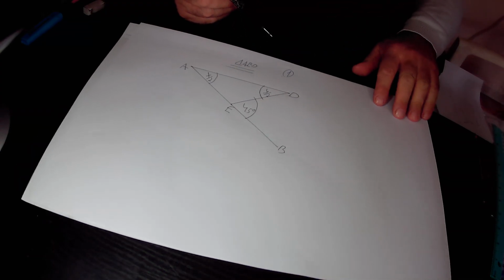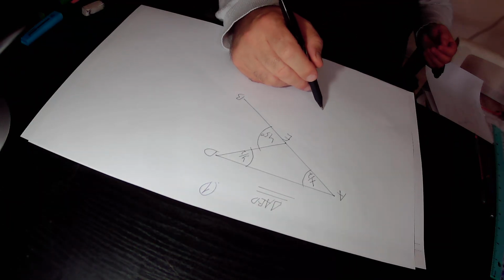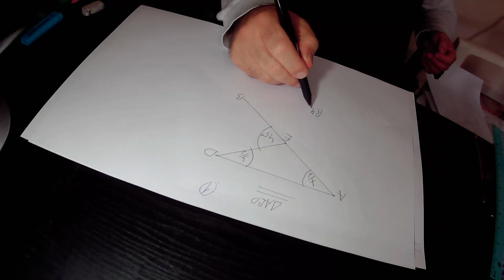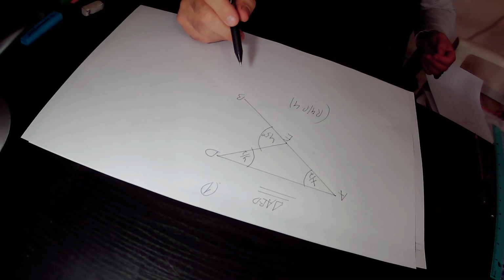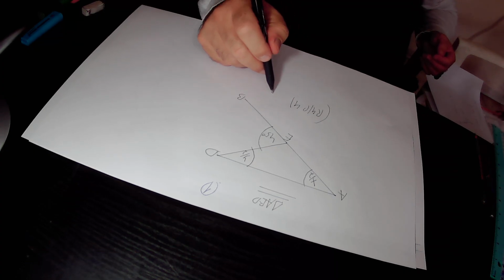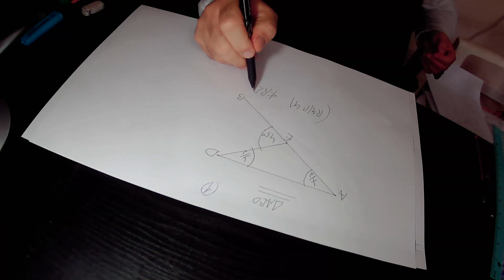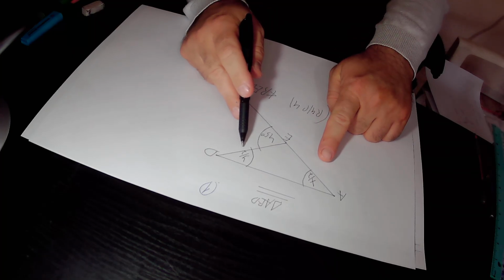So I write it down. I should find out that according to rule 4, the size of the exterior angle BED is equal to the sum of the two interior angles that are not adjacent to it.